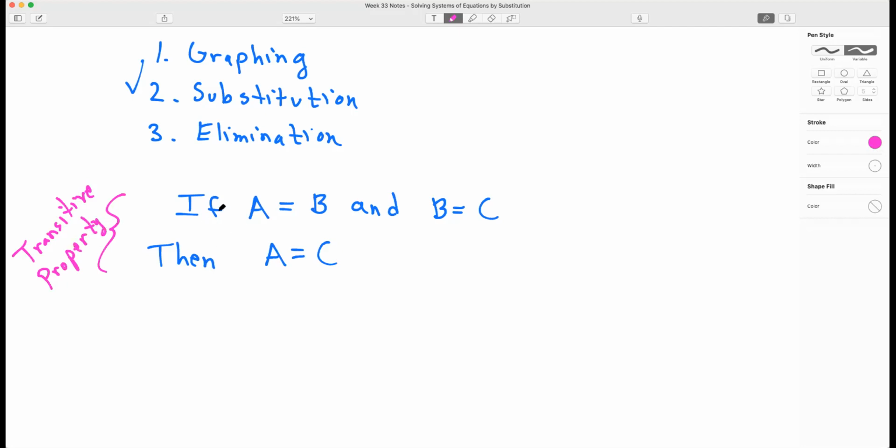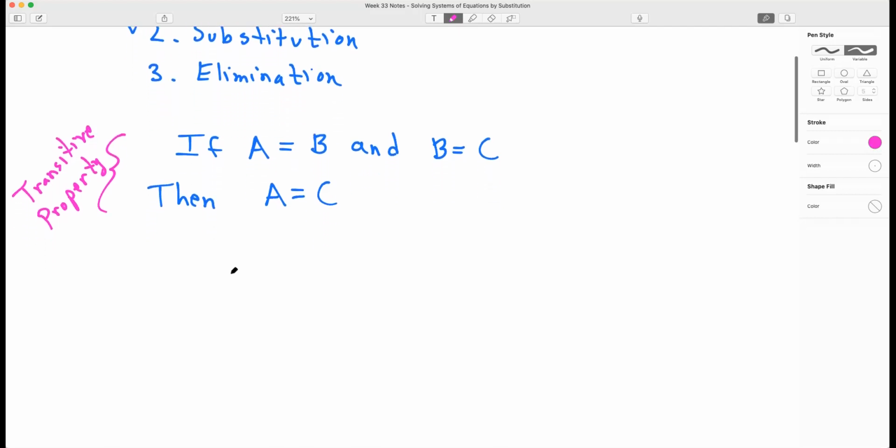Very simply, it's the transitive property within logic.